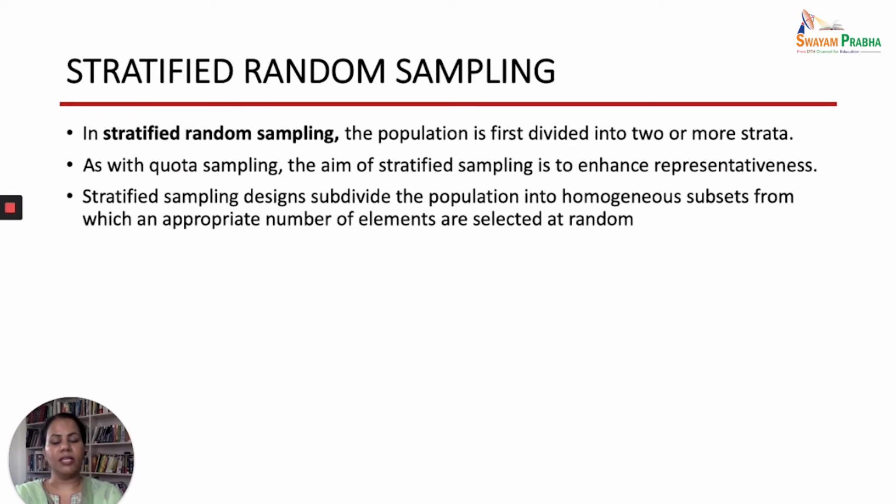Now the difference between quota sampling and stratified random sampling is that in quota sampling we were selecting the subjects conveniently in each stratum, whereas in stratified random sampling, from each stratum the subjects are selected randomly. So that should be very clear to you, and you should not confuse quota sampling and stratified random sampling.